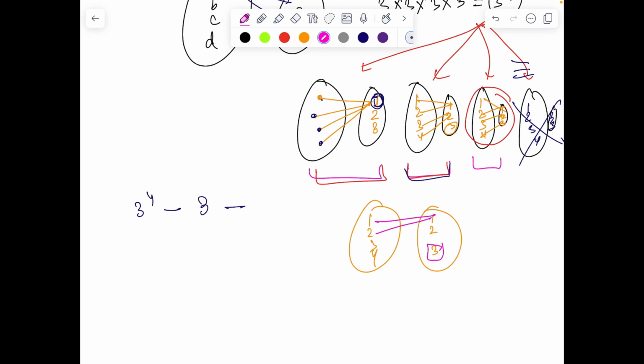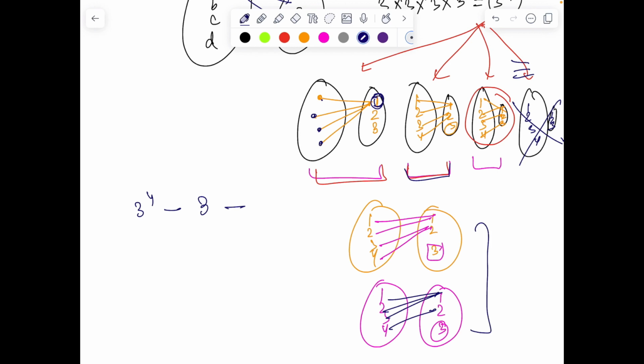Now how many ways are there? So 1 can go to 1, 2 can go to 1, 3 and 4 can go to 2. Or it might happen like 1, 2, 3 goes to 1 and 4 goes to 2, so 3 is again left because we are trying to map exactly to 2 elements.